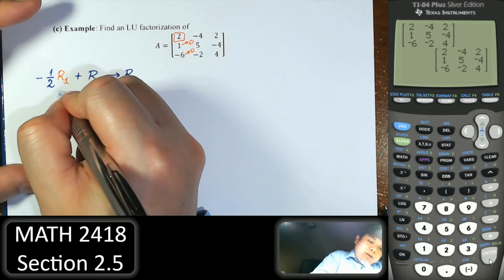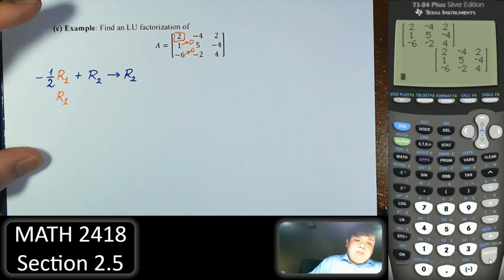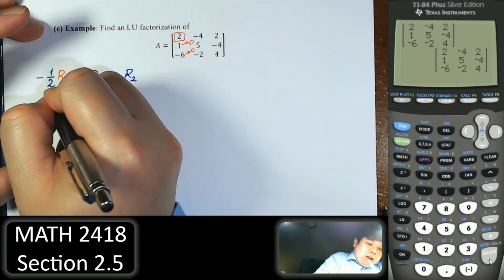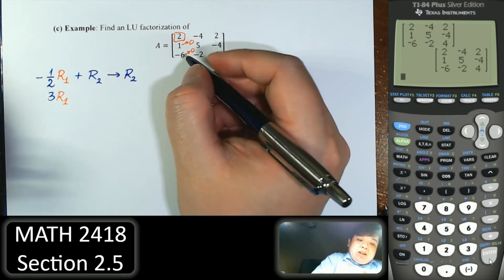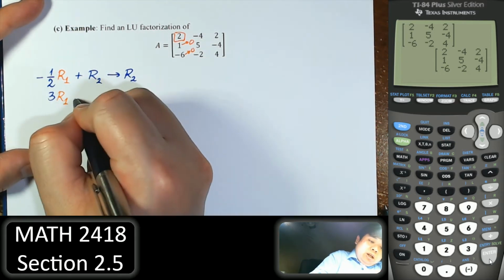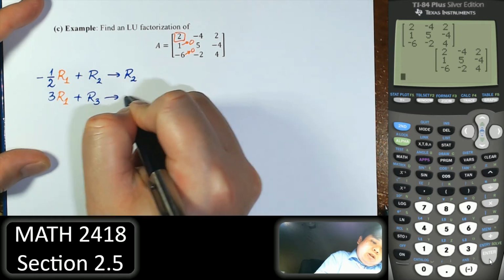And then that to 0. We get to -6. We multiply by 3. 2 times 3 is 6. Minus 6 is 0. So that 3 is good. Add and replace to row 3.